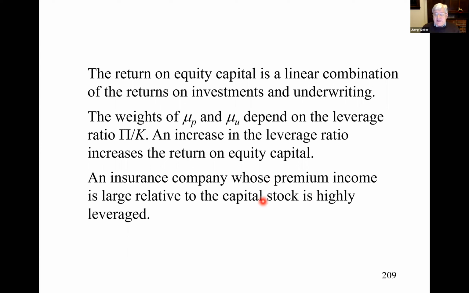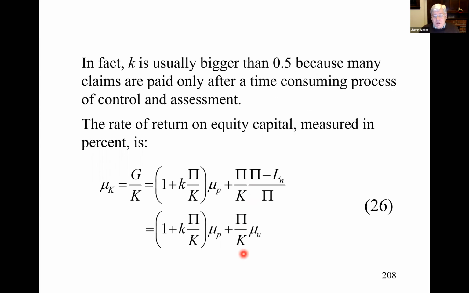So if it suddenly has unexpected losses, so it has to cover unexpected losses of insurance buyers, then the insurance company may run out of funds. But there is an advantage to having a high leverage ratio. When the leverage ratio is high, then the return to the shareholder capital, the return on equity, is also high. So there is a positive relationship here.